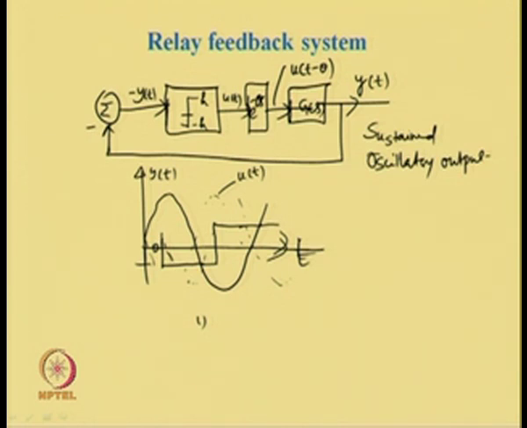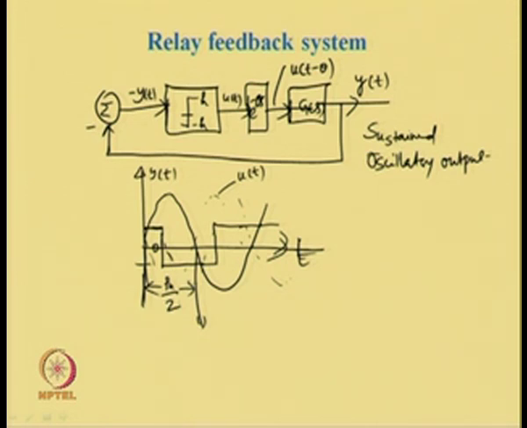So, this output has got two piecewise constant inputs during half period of the output signal. This is the half period of the output signal, which can be given by Pu upon 2.